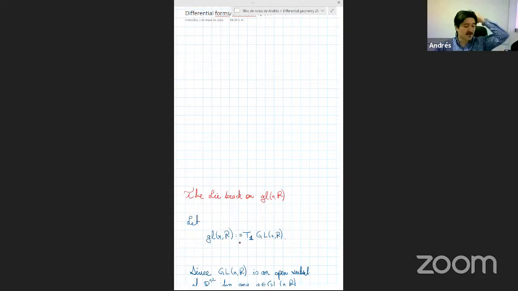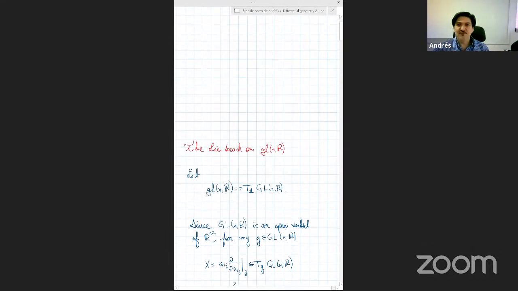Now, we described the Lie bracket for a general group, and now let's see what it is for this particular group, GL(n). Let's review some facts. This is an open set in R^(n squared), so we can use a single chart, the global coordinates of Euclidean space.